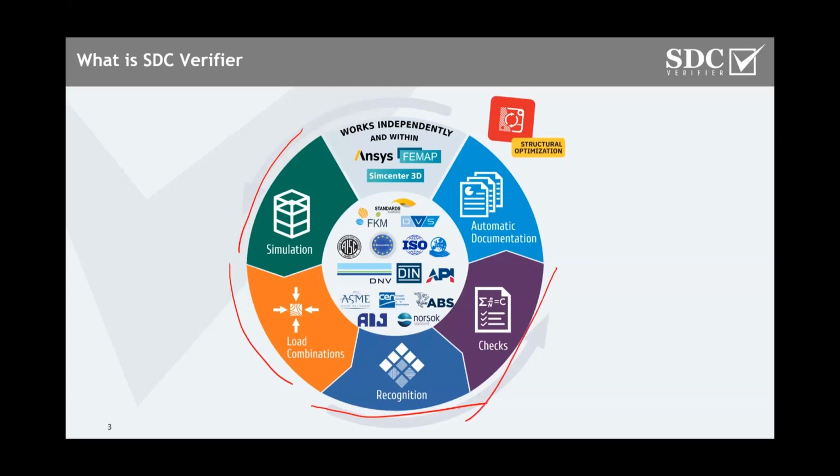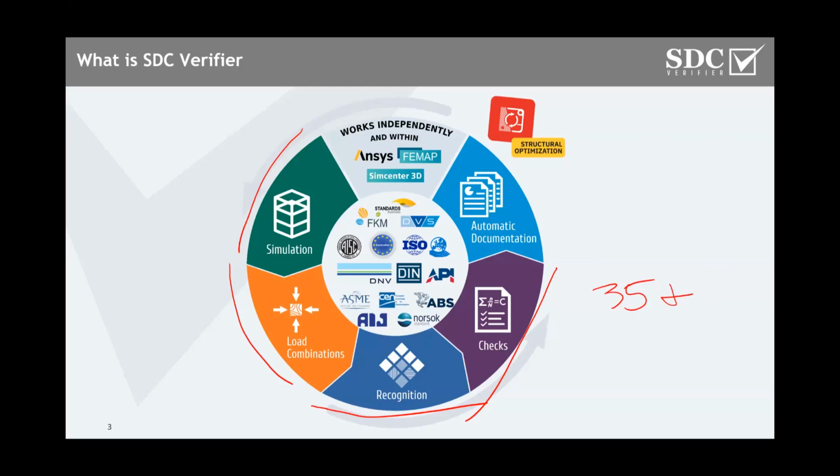Then the next part, and this is the most important part I assume, is checks according to standards. So we have more than 35 different rules and regulations in the interface of SDC Verifier. This database and library is constantly growing.